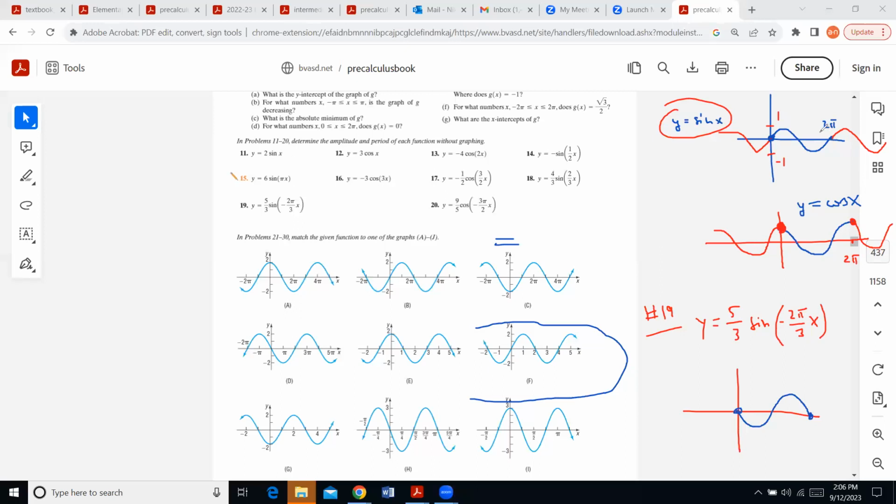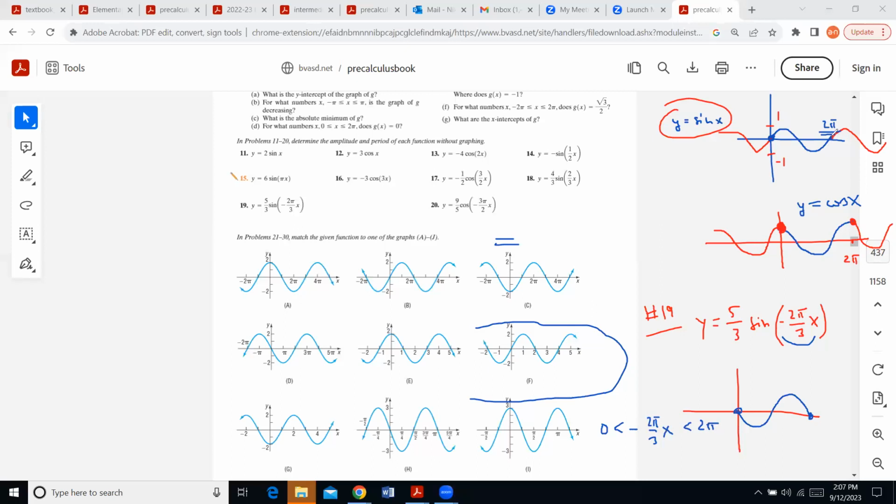So the idea is, when does it end? Or where is 2 pi supposed to be? What does that mean? Well, I have to put my argument of the function, which is 2 pi over 3 times x, in between 0 and 2 pi.